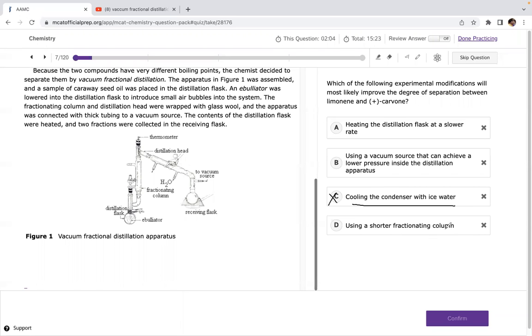And using a shorter fractionating column, there is no meaning to that. If you are going to shorten this length, there is no meaning to that, because the main function of this apparatus is distillation through boiling point.